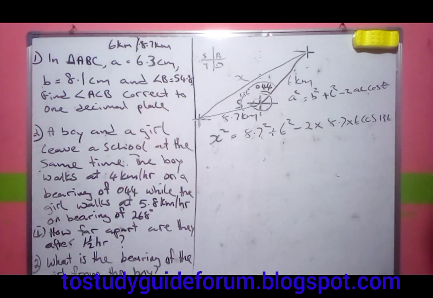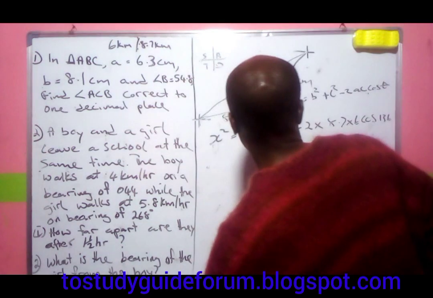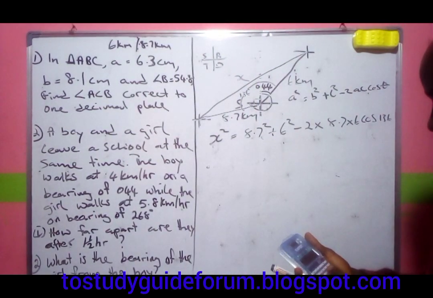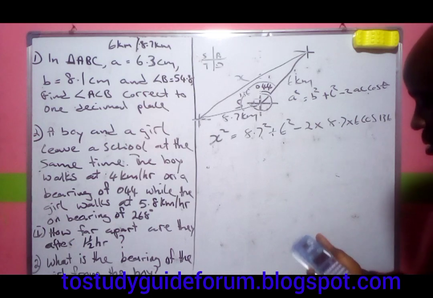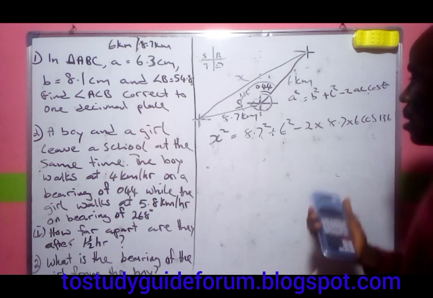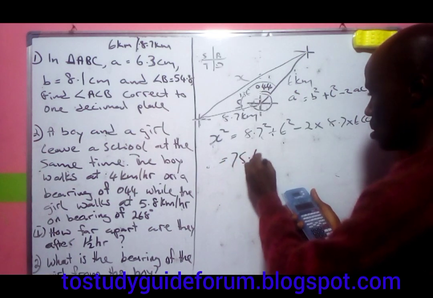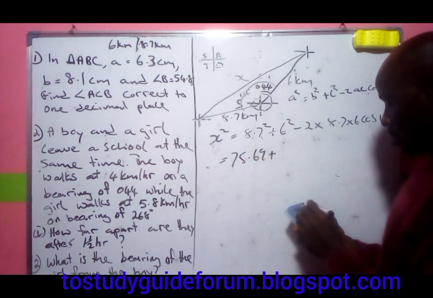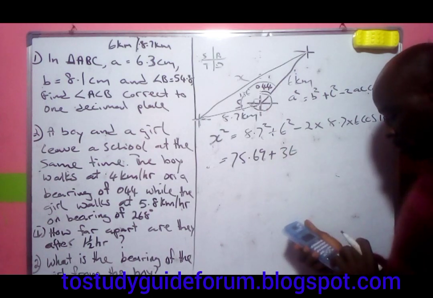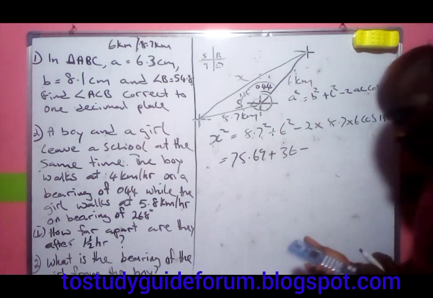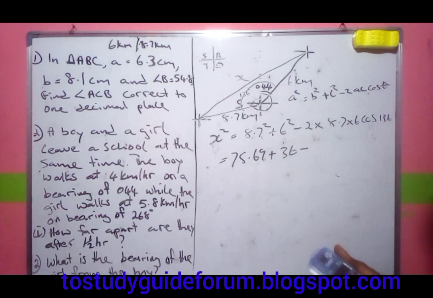Now let's continue. Perhaps I'm going to use the calculator in doing this. We have 8.7 squared, equal to 6 squared, which will give us 36, and then we have 2 times 8.7 times 6.